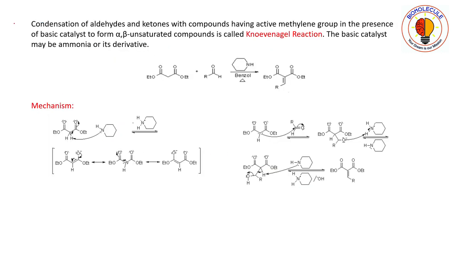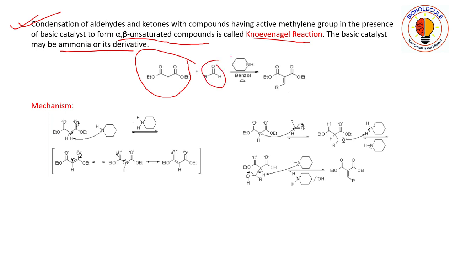Now we look into the Knoevenagel reaction. The condensation of aldehydes and ketones with compounds having an active methylene group in the presence of a basic catalyst to form alpha beta unsaturated compounds is known as the Knoevenagel reaction. The basic catalyst may be ammonia or its derivatives. We can see over here, this one is the active methylene compound, this is the aldehyde, and this is the base.